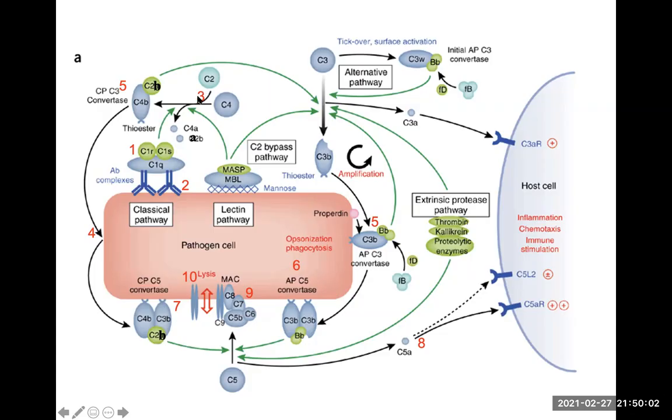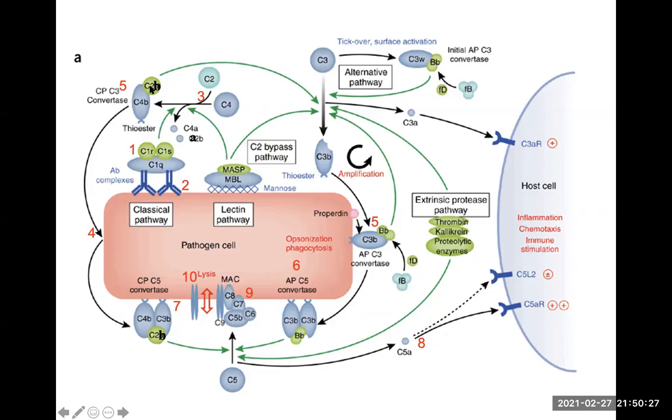But just don't forget the C1 complex is going to cleave into C2 and C4 that further divides into the C2A and the C4A and then the C2B and the C4B. C2 and C4 are going to divide based on their size, basically.